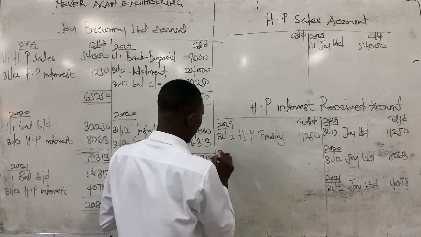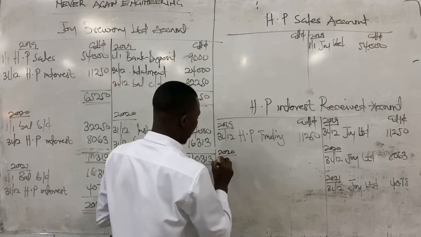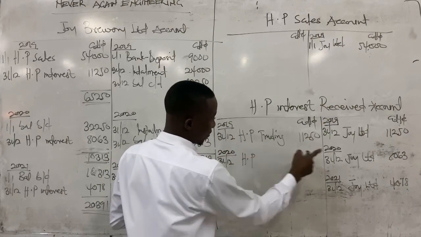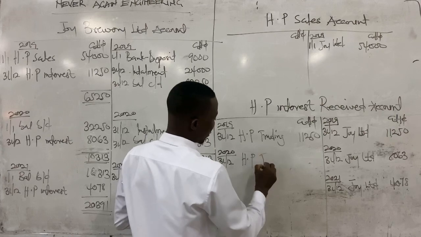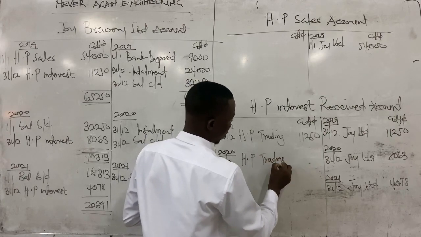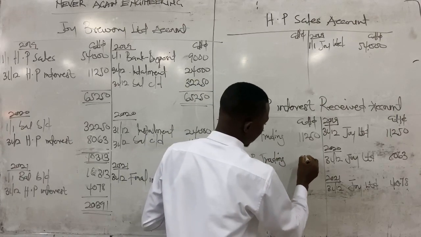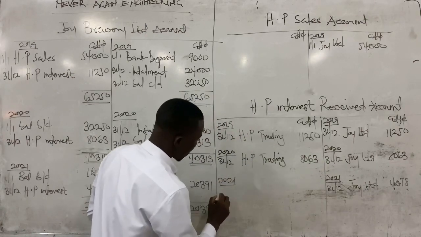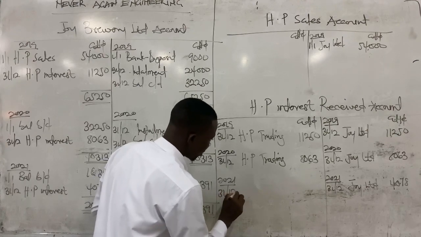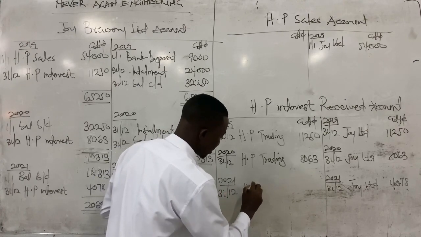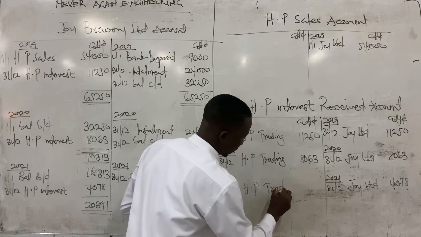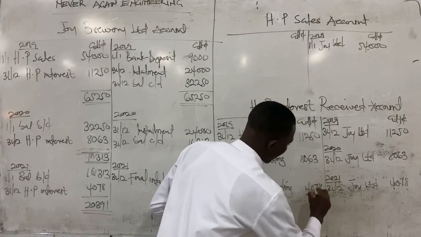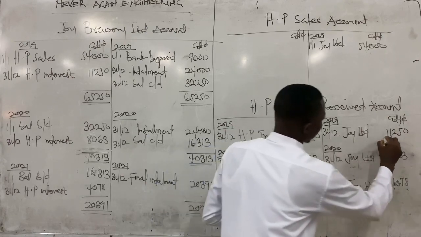The same in 2020, at the close of the year, we transfer the hire purchase interest to hire purchase trading, and the amount is 8,063. For 2021, at the close of the year, we still transfer to hire purchase trading, and the amount is 4,078. So we've closed this account. Very good.